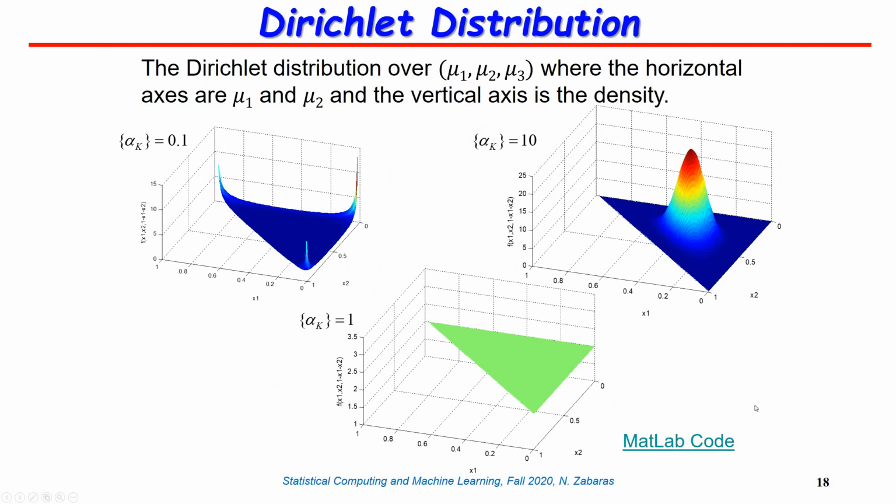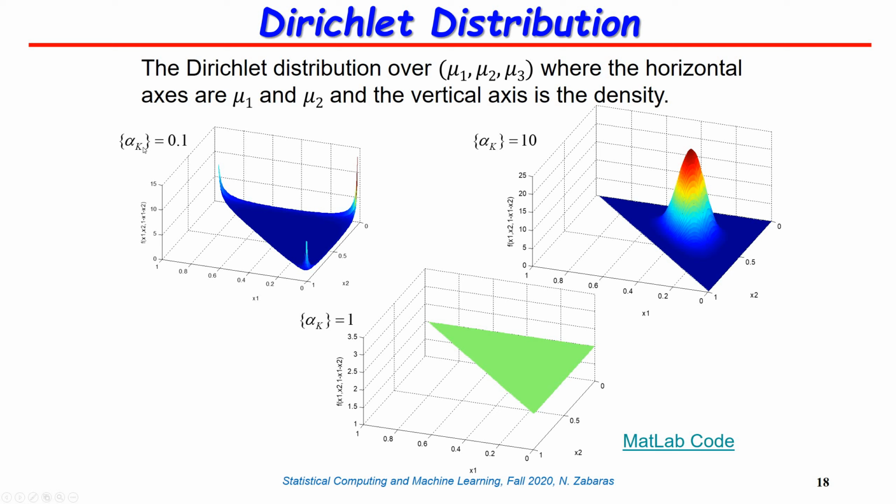All right, similar plots here for different values. So here all the values are equal to 0.1, and the plots are in 3D. Here all the values are equal to 10. This should actually be, I suppose, little k, right? So I'm taking all the values to be equal to 10, and this is all my values alpha k to be equal to 1.